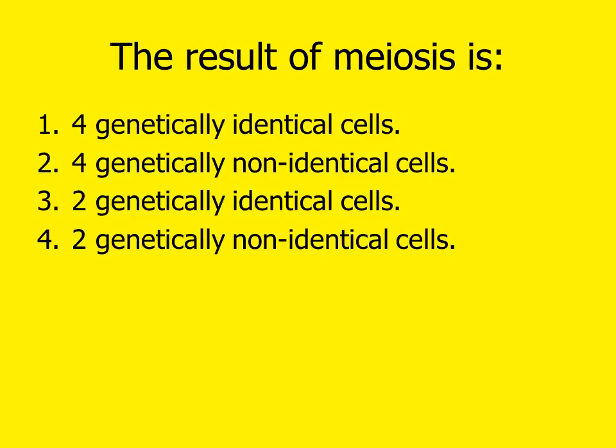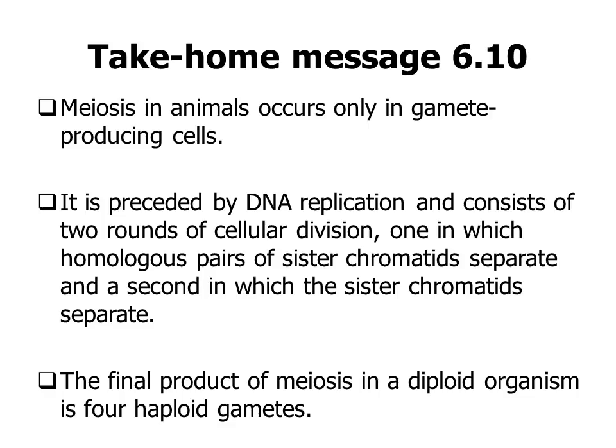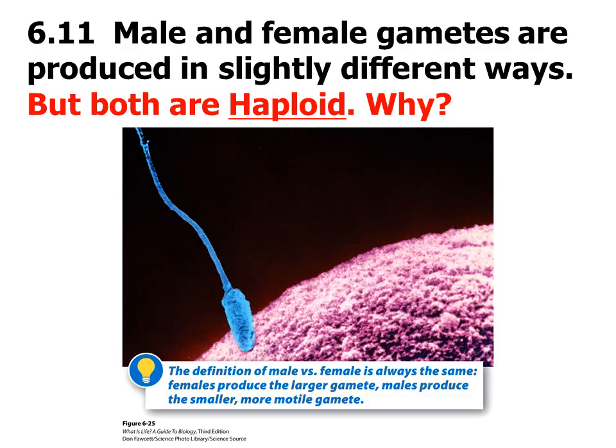And it's because there's 2 rounds of division that the cells end up haploid in meiosis instead of diploid like they did in mitosis. Okay, so the result is 4 genetically non-identical cells. Meiosis occurs only in the gamete-producing cells, not in the somatic ones. It is preceded by DNA replication. It consists of 2 rounds of cell division, and the final product is 4 haploid gametes.